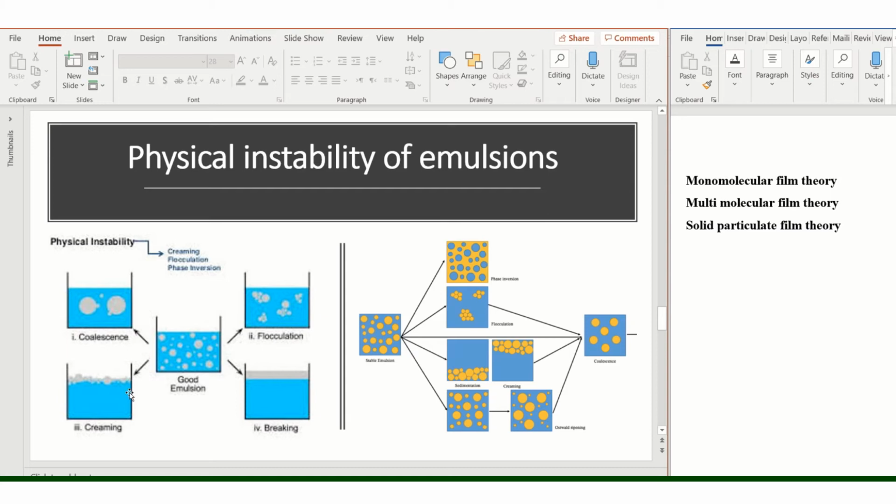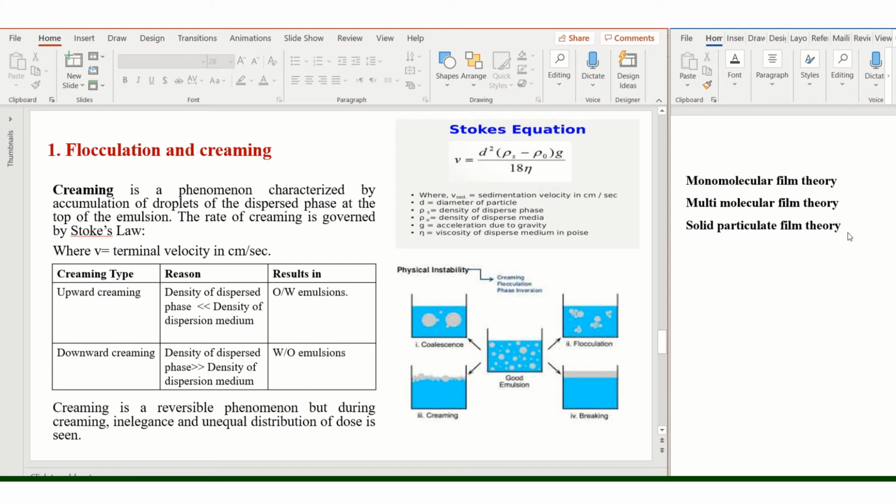This phenomenon is known as creaming. And when this is left unnoticed, this will lead to complete separation of two different phases called breaking. So these are the various physical instability problems of emulsions. Now let's see one by one in detail.